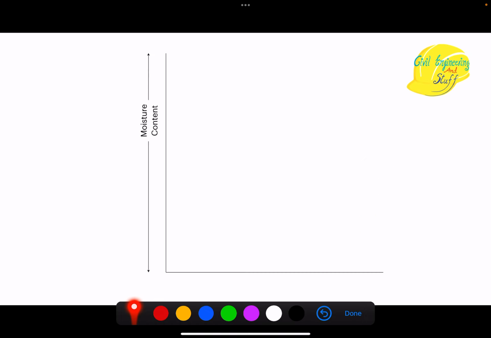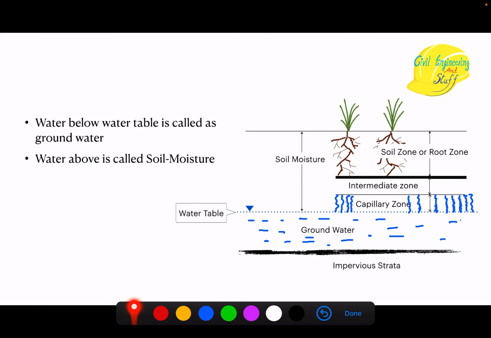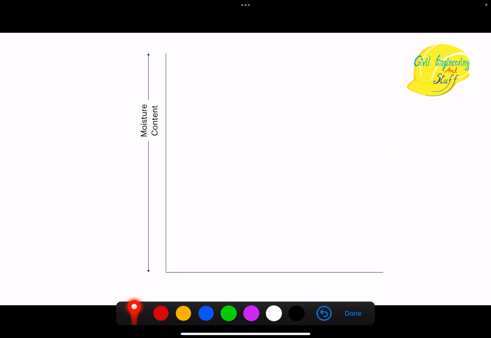Now this soil moisture that is available in the soil is present because of the intermolecular force between the soil particles. This is the soil moisture that will be extracted by the plant for their growth. So we are going to discuss the overall moisture content of this zone only.